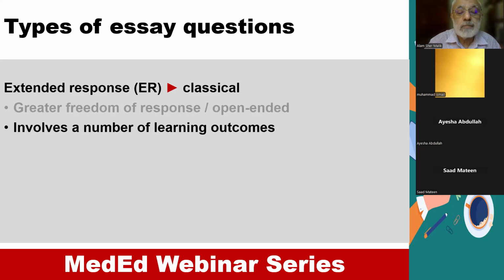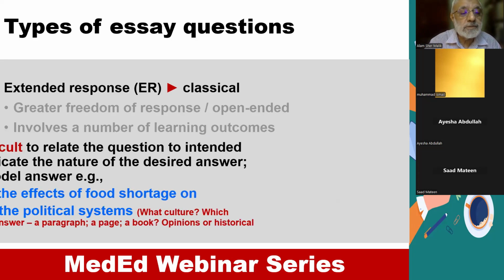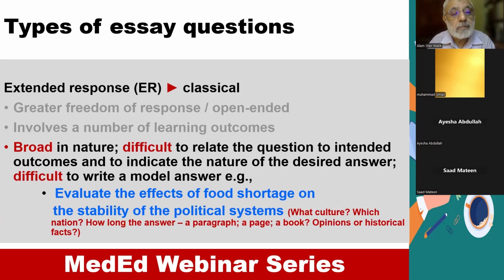It involves a number of learning outcomes, and they are broad in nature. Because they are so broad, it's difficult to relate the question to the intended learning outcomes and to indicate the nature of the desired answer. In fact, it is usually very difficult to write a model answer for such questions.